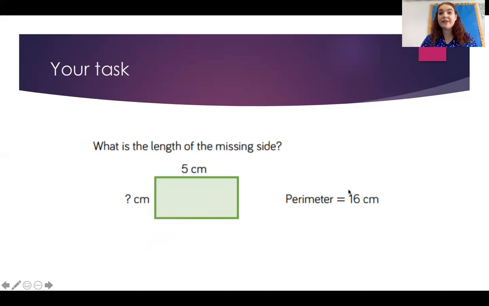They've told you the perimeter of the whole shape. So what you may need to do is work out the 2 long sides, take it away from the whole perimeter number, which is 16 centimetres, and work out what you have left to work out what the sides of this shape are going to be.